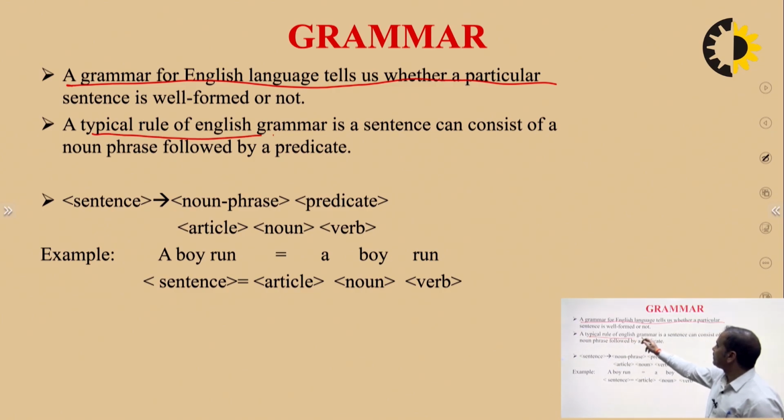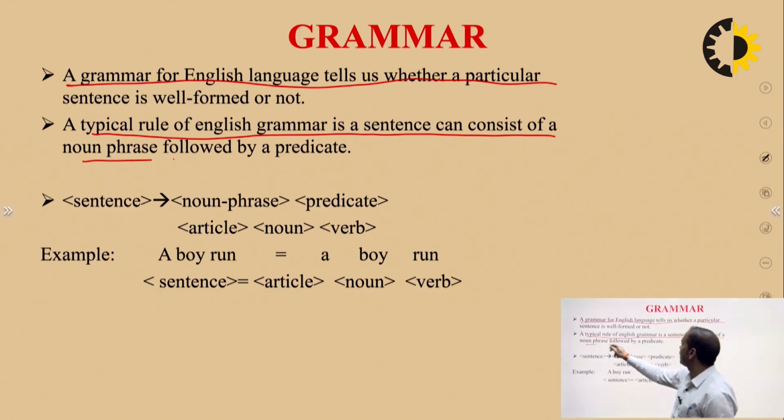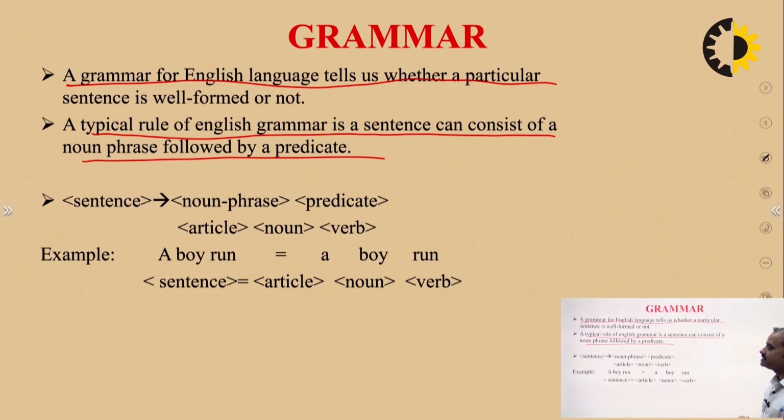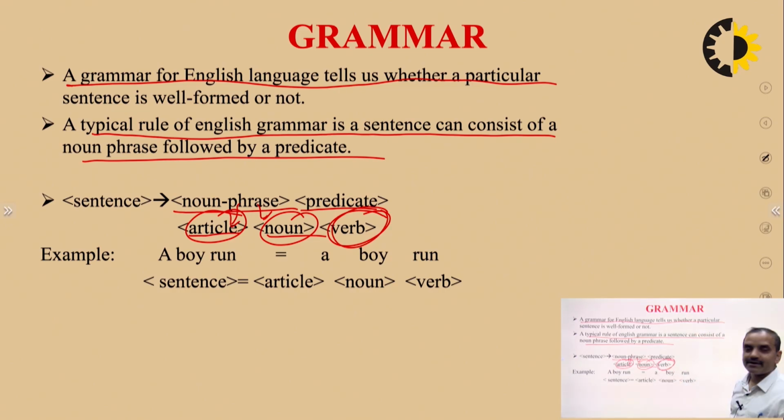Here, a typical rule of English grammar is that a sentence consists of a noun phrase followed by a predicate. This is a sentence. There are two parts, noun phrase and predicate. Noun phrase is divided into two parts, article and noun, and the predicate is a verb. Now, this is the symbolic notation. This is a symbol which is changed according to the sentence.